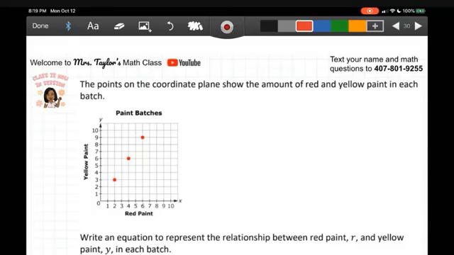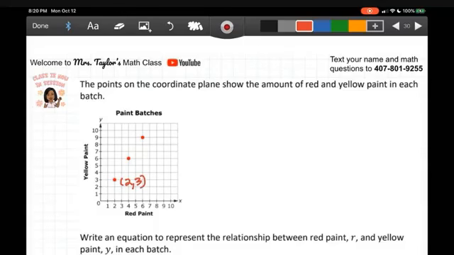So let's look at our graph. It says here that for the red paint you have 2, and for the yellow paint you have 3. So that's what this ordered pair is. It is 2 and 3. Alright, but let's write an equation to represent this.